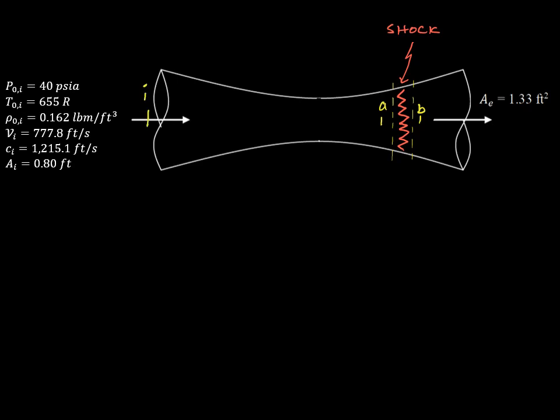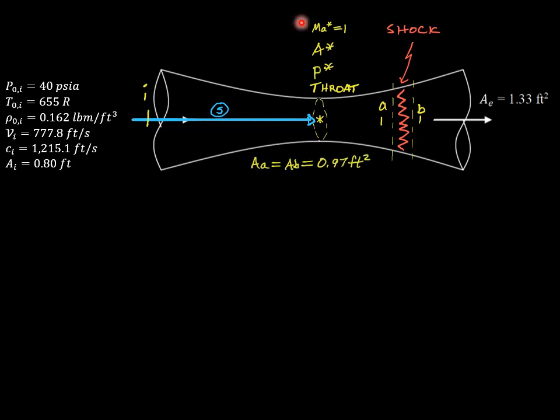We have an inlet, of course, on the left-hand side. And we know that the flow, we've been told, is isentropic through the converging nozzle here, and that's going to continue to the center, or what we call the throat. And our throat has properties. We know that if we're subsonic in the converging nozzle, then we must be supersonic in the diverging nozzle. So that means right at the middle, that transition point, we'll have a Mach of 1.